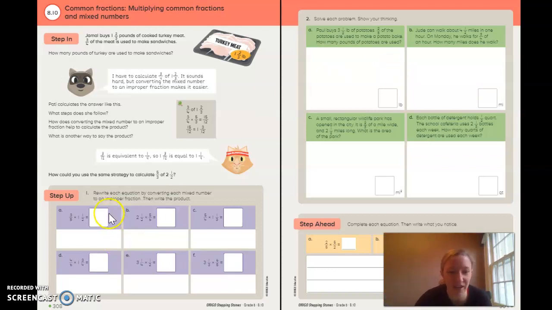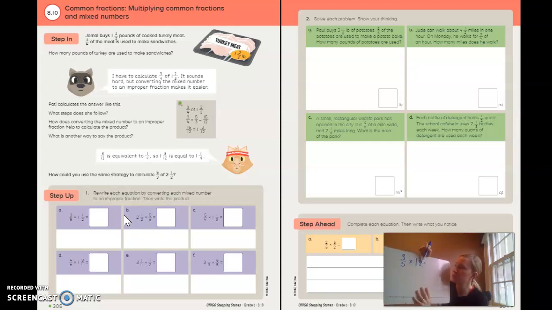Okay, let's try it. It says rewrite each equation by converting each mixed number to an improper fraction, then write the product. Remember, a product is just an answer to a multiplication problem. So we'll be doing 3/5 multiplied by 1 1/2. We're going to find our mixed number, and convert it to an improper fraction first.